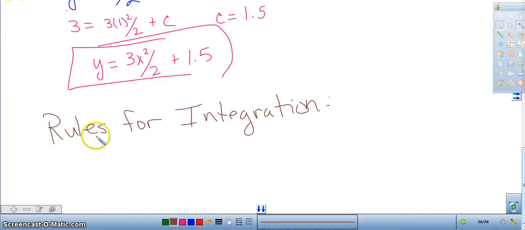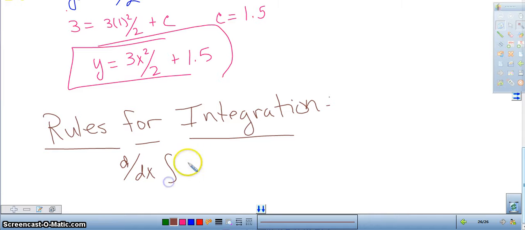And before we go any further, what you need to understand, and I think I've said this, is that integration and derivatives are kind of like inverse properties. So if I take the derivative of an integral, so I'm integrating this function, but then I take the derivative after I integrate, I get back the original function. Okay?